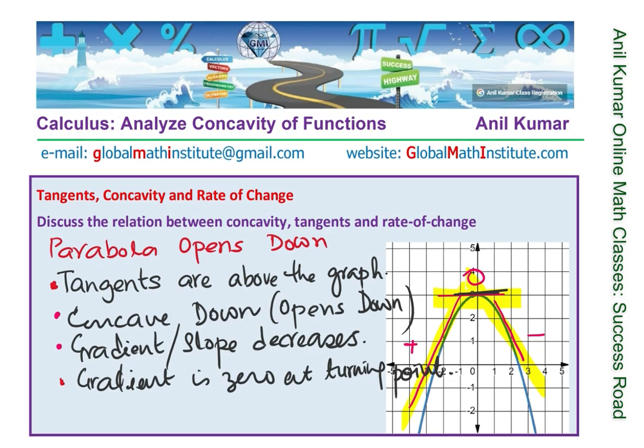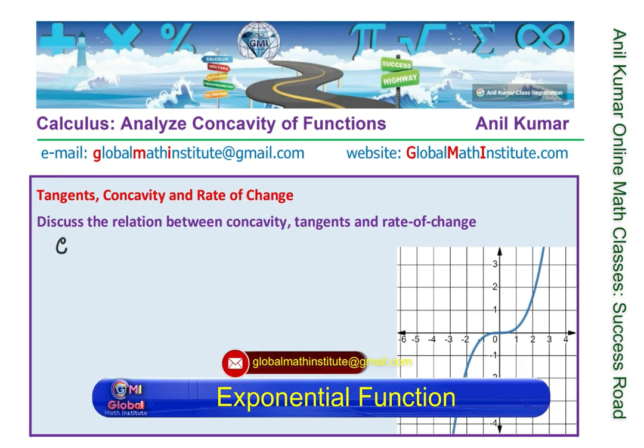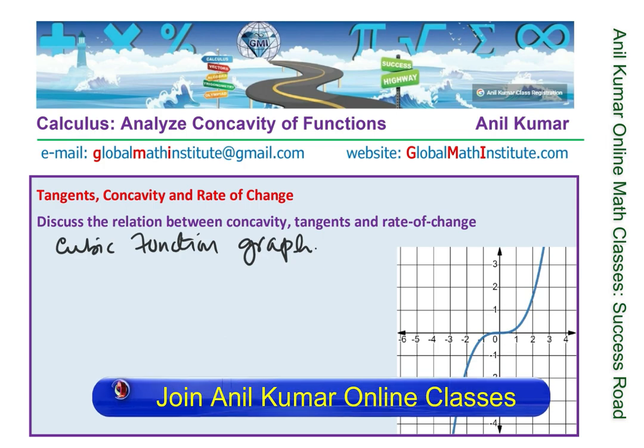So let's try to see the third graph which I have, and it's with a purpose. So here we have a cubic function, right? Now what you notice here is that one part, left of the origin, you can see that it is concave down, right?